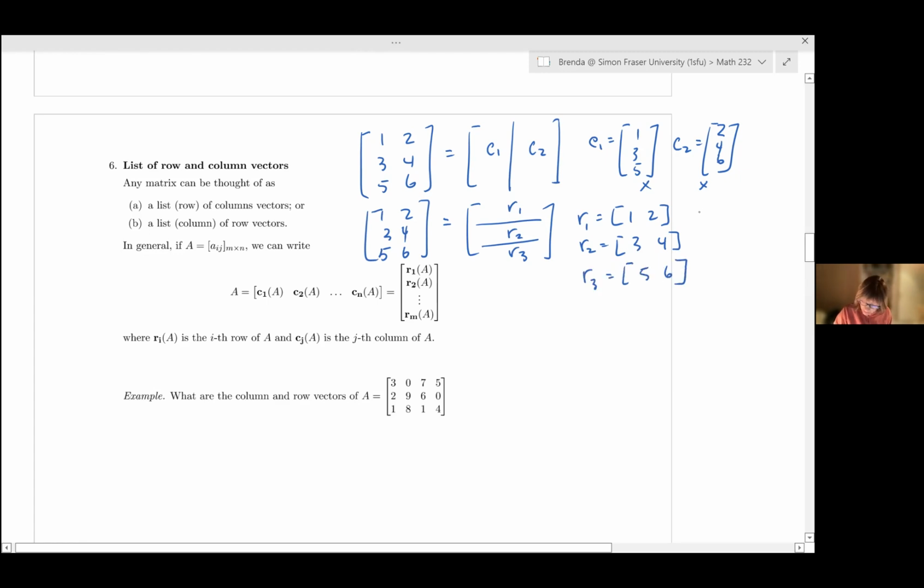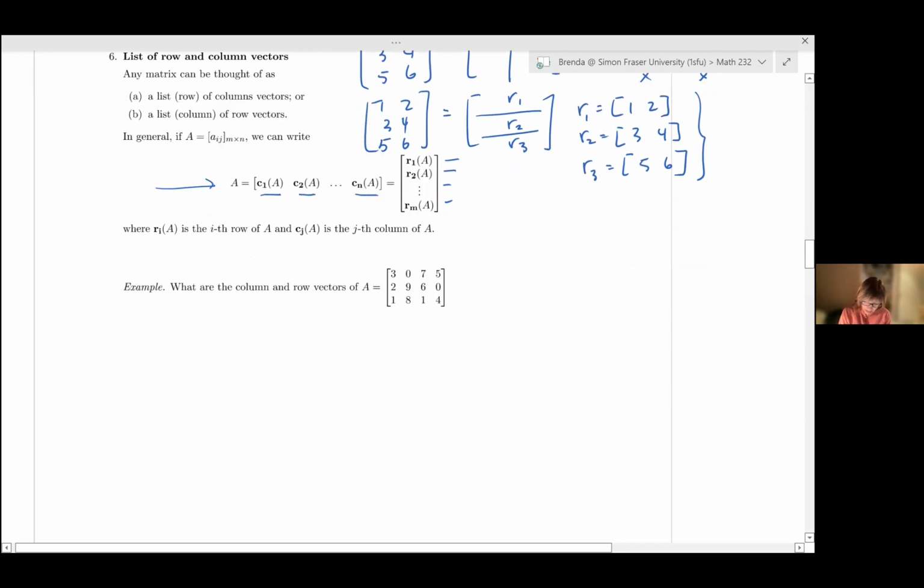So if I had these three vectors and I wanted to make a matrix, I could take those three vectors and put them into a matrix where each one of those vectors is a row. That's what this is telling us here in general. We could be thinking of A as a list of columns or as a list of rows.